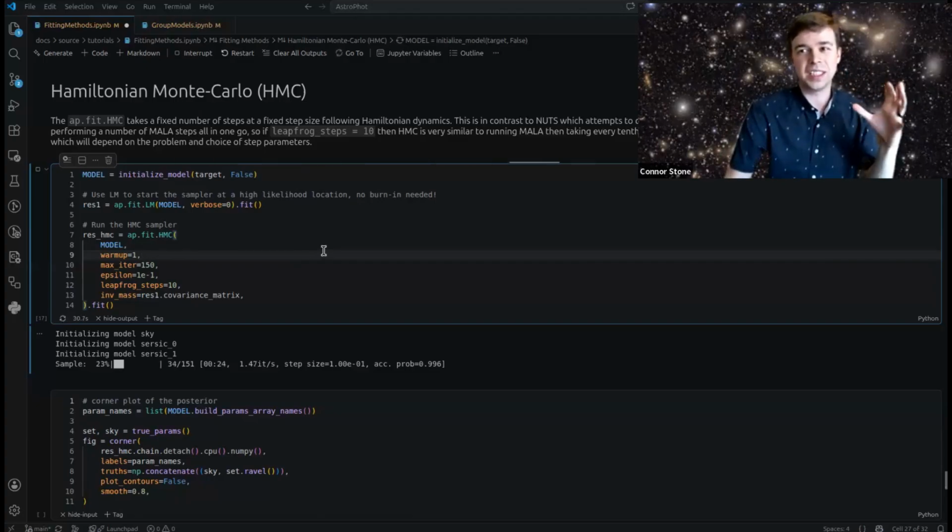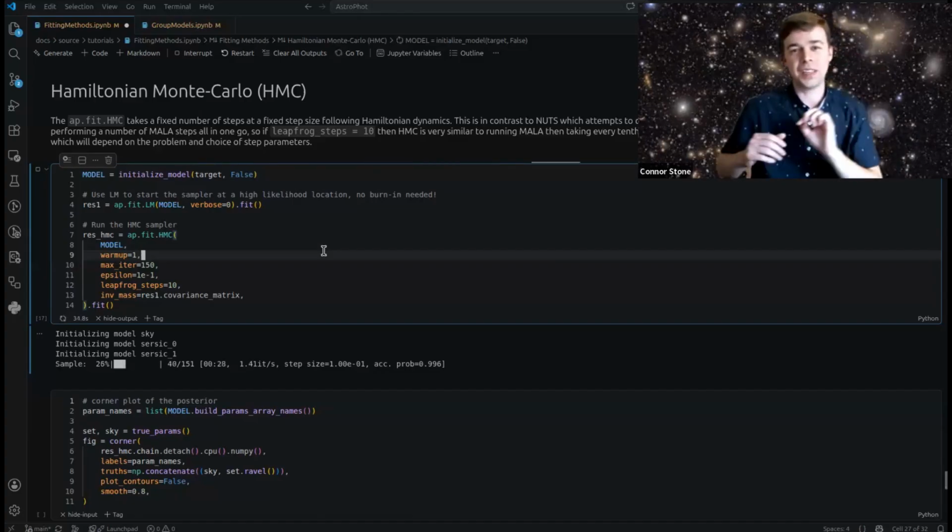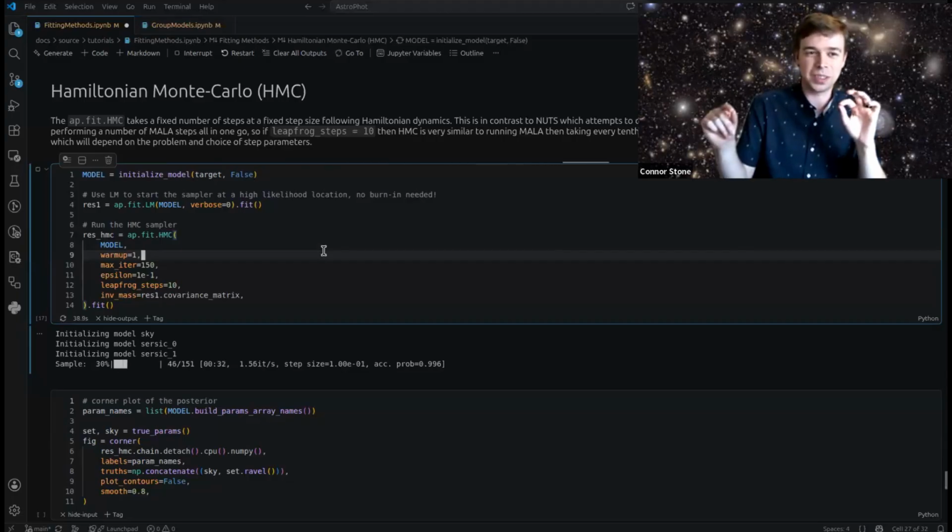It really treats the likelihood as if it's a potential well, and you've got some particle flying around in there, almost like it's in gravity, and it'll traverse for a little while, and then it'll stop, and that's your new sample that you're going to try and use the accept reject stage on.